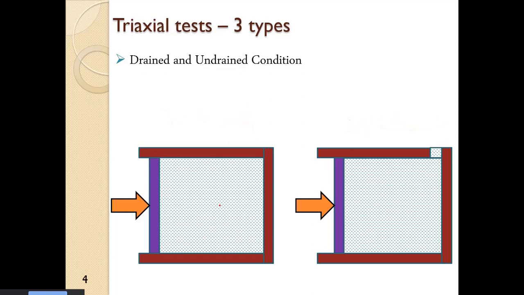So in these two cases, when we apply a load, in the undrained case it will result in pore pressure development, while in the drained case it will result in drainage from or into the sample, that is, a change in volume.